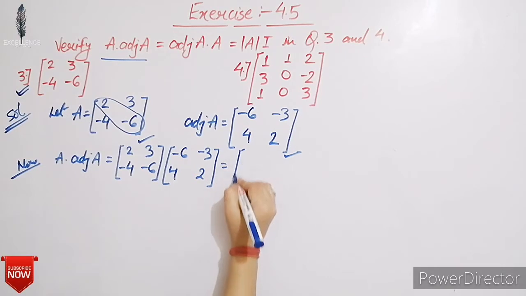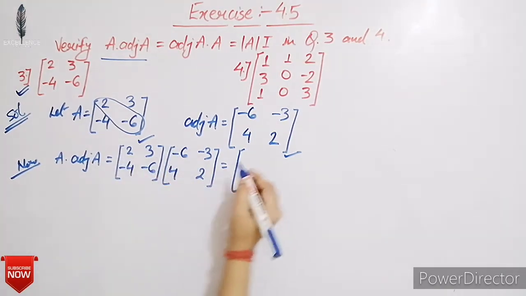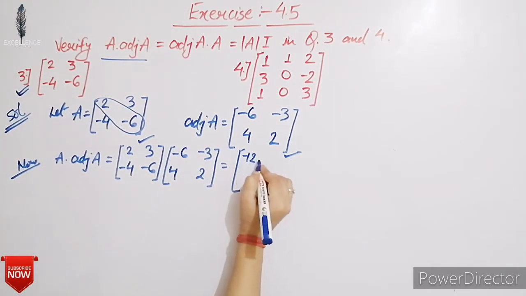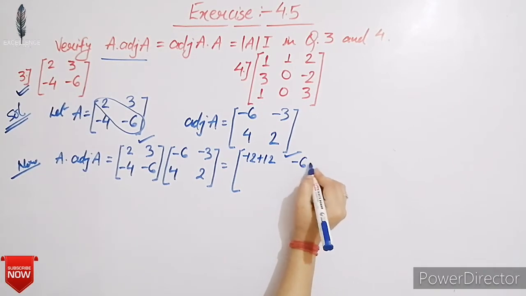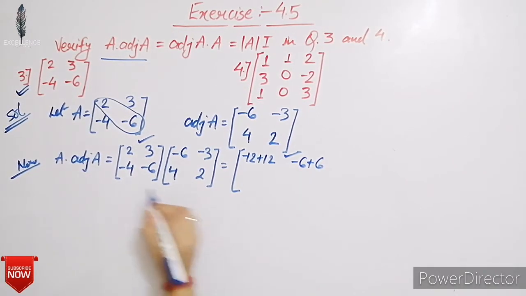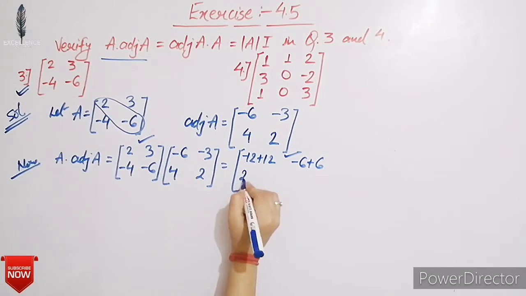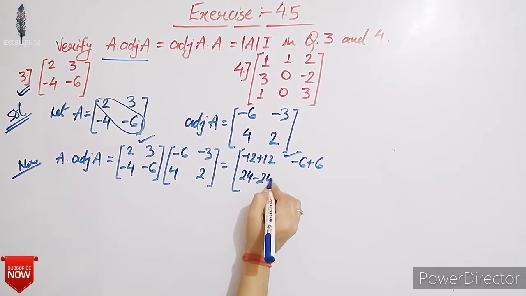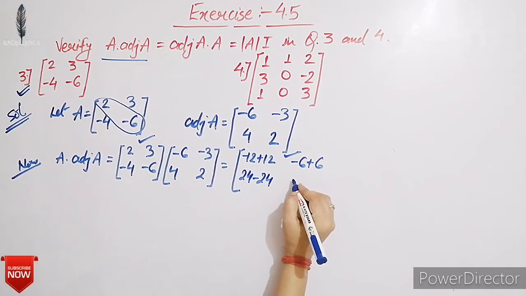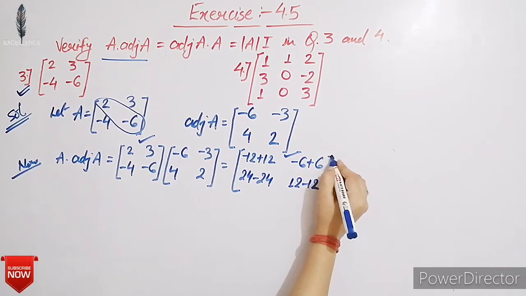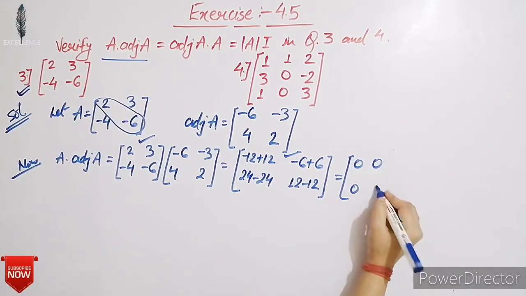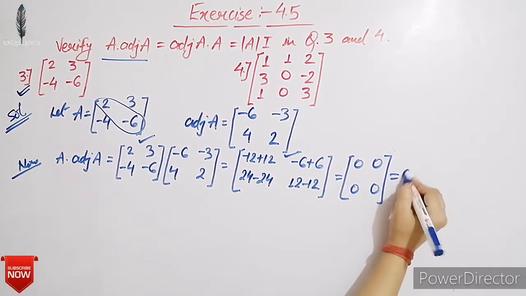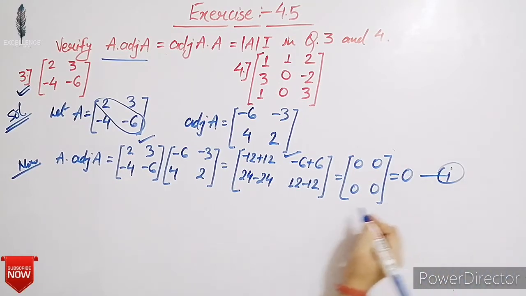On multiplying by row by column process, here we have minus 12 plus 12, and here minus 6 plus 6. Now second row by first column, that is 24 minus 24, and second row by second column, that is 12 minus 12. It is equal to 0, 0, 0, 0 is equal to null matrix. Let it be equation first.